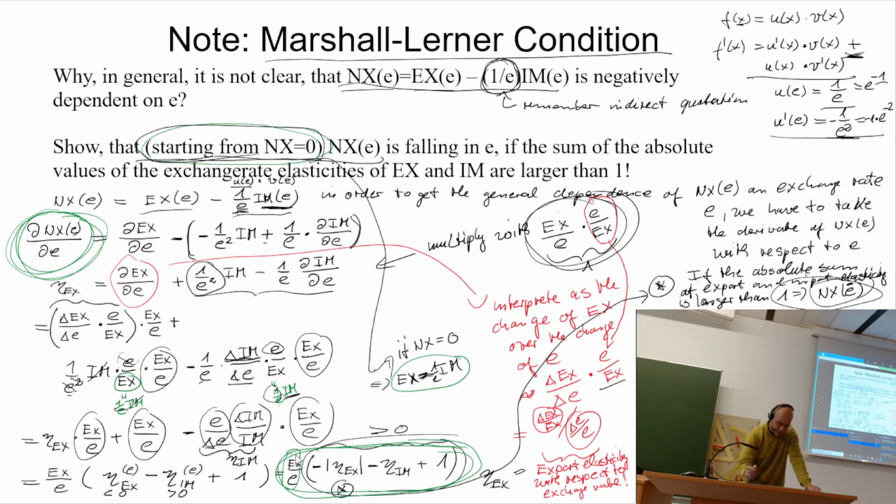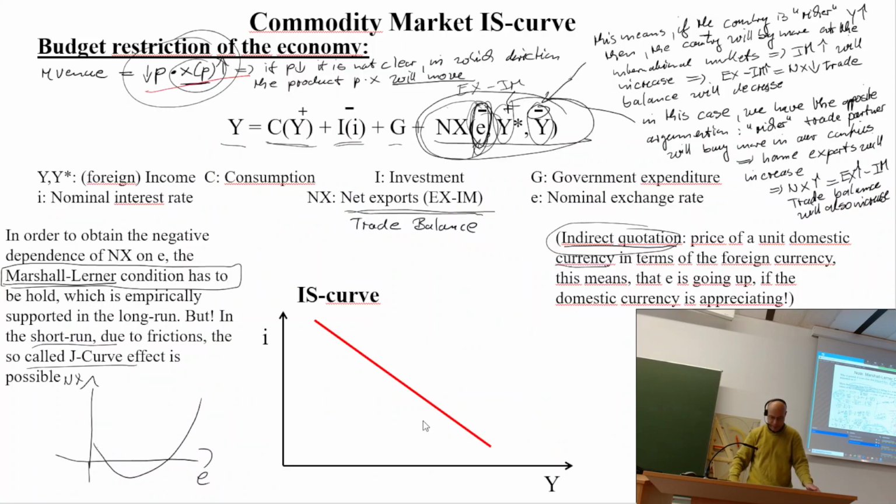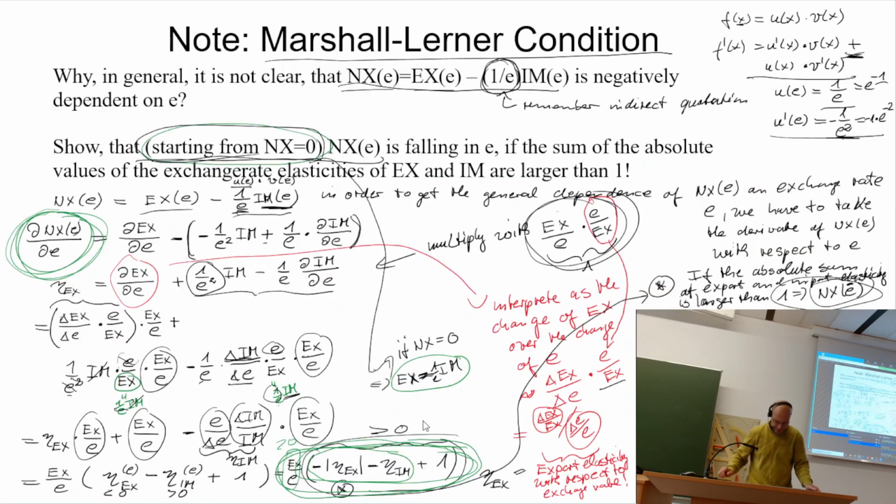From this we know it is larger than 0, and this bracket here has to be less than 0 because we want to have the negative dependence.